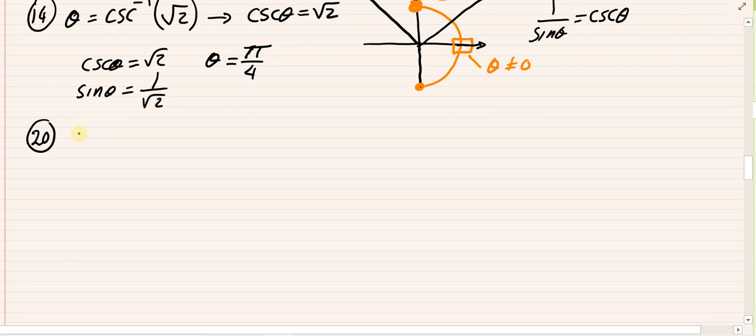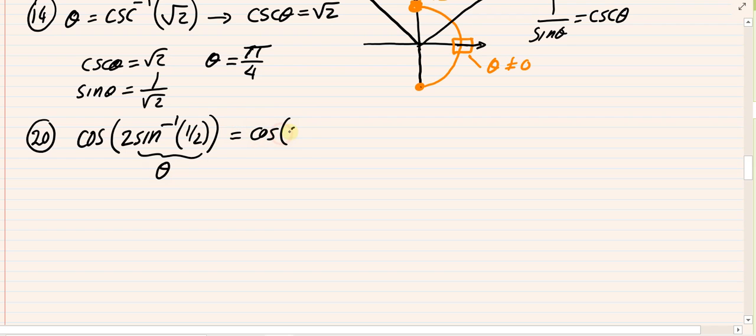Now this is not the measure of an angle, because I have cosine, and the angle of the cosine is 2 sine inverse 1/2. See, that's going to be theta. So this is like a cosine of 2 theta in that form.